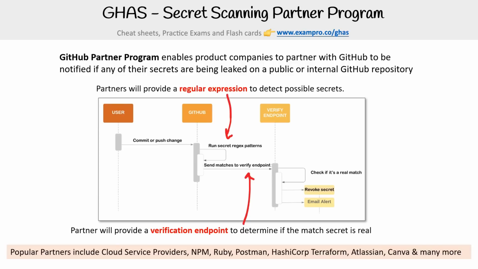They would be able to send a match to verify with the endpoint from the partner to determine if the matched secret is real. And that is how you can have other extended parties, not just the GitHub secrets, but also potential secrets from popular services that your organization may be working with, to identify any secrets being leaked.